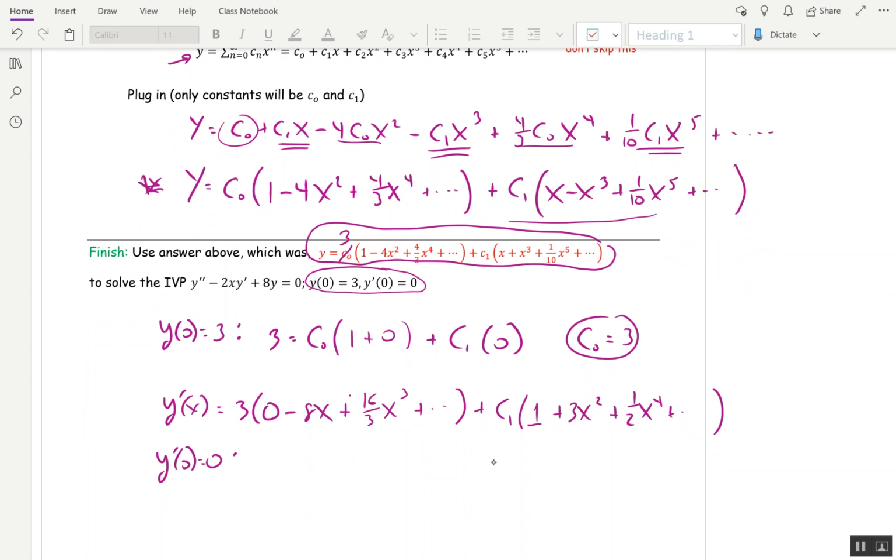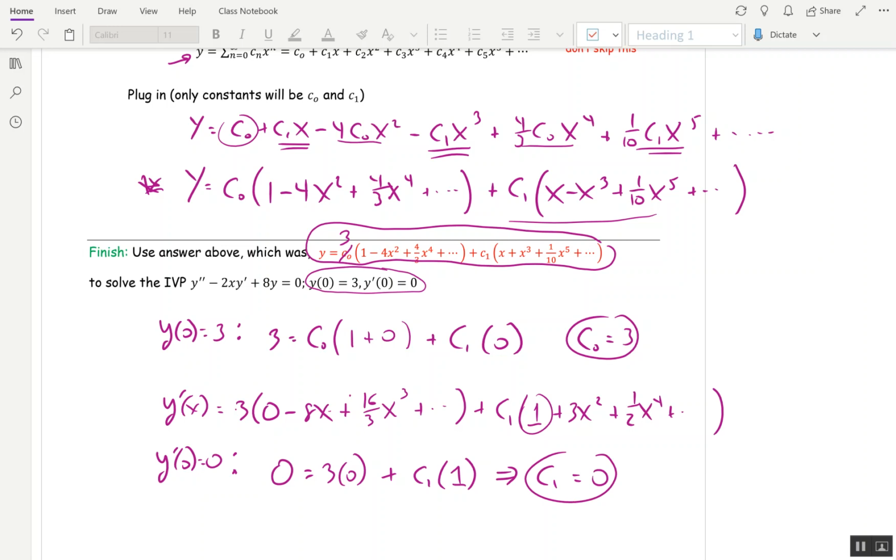So that gives me 0 equals, everywhere I see an x, I put in a 0. So 3 times 0 plus C1 times, all these terms die except the 1. So C1 times 1. So this tells me that C1 is 0.